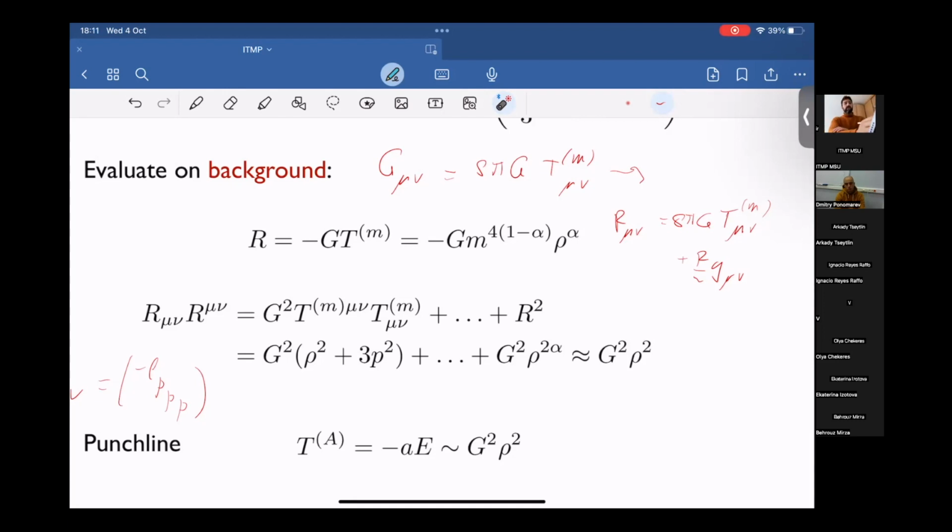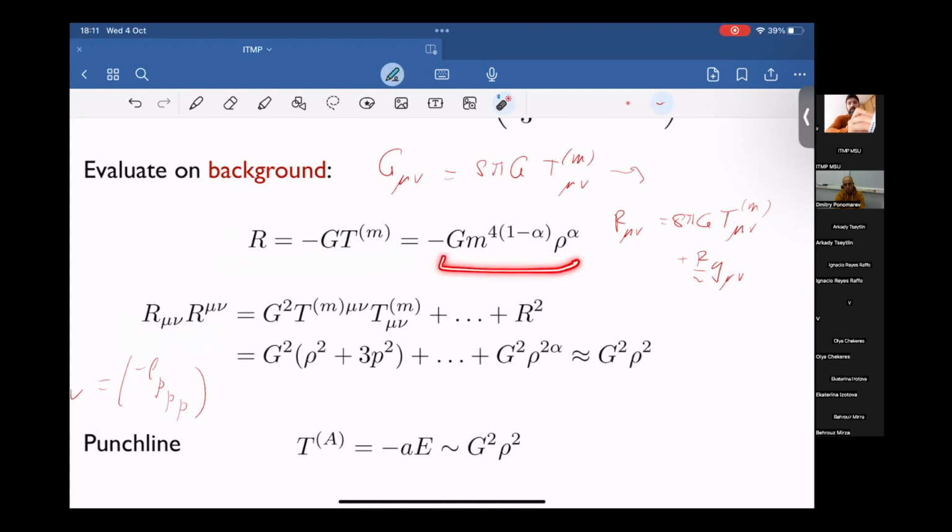The point is that these two objects behave in a very different way, because the Ricci scalar at the classical level is suppressed because it's related to the trace. It's determined uniquely by the trace, and that trace is suppressed because at high energies, rho becomes approximately equal to 3p.